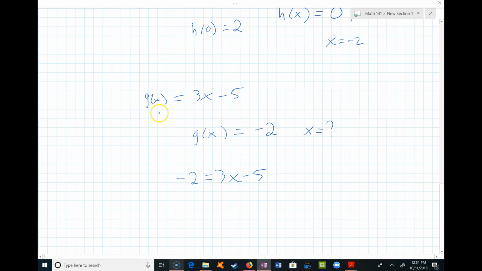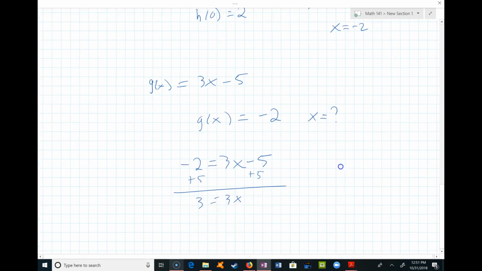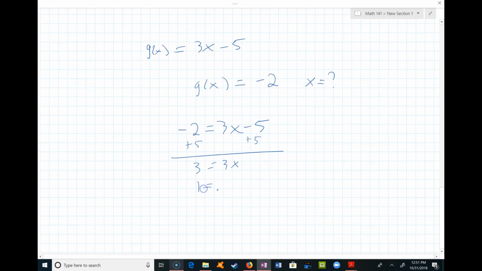So I just replace g of x with -2 and solve for x. So I'd add 5 to both sides and get 3 is equal to 3x. Divide both sides by 3, and I get 1 is equal to x. So when g of x is equal to -2, that means x is equal to 1.